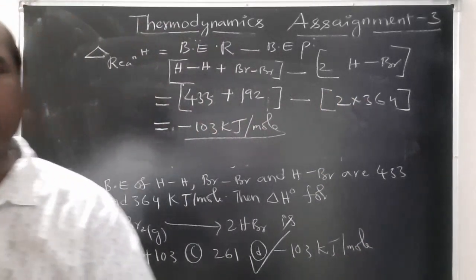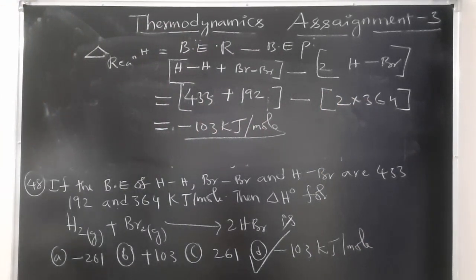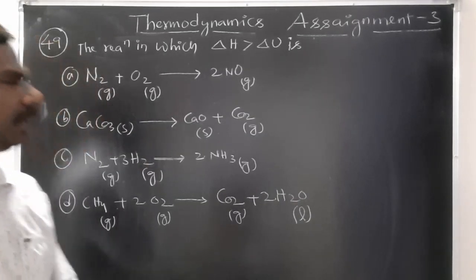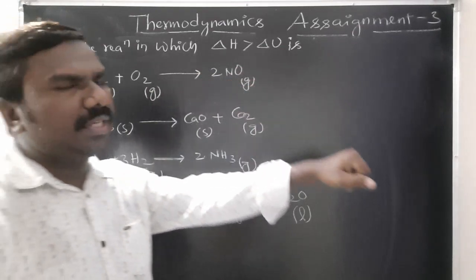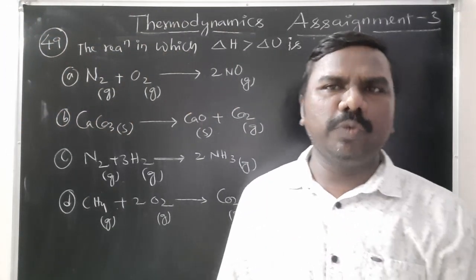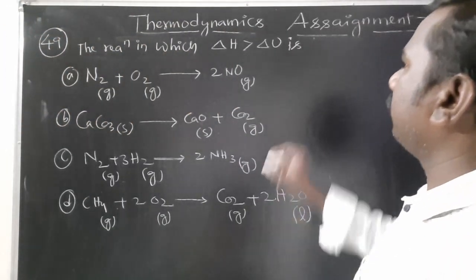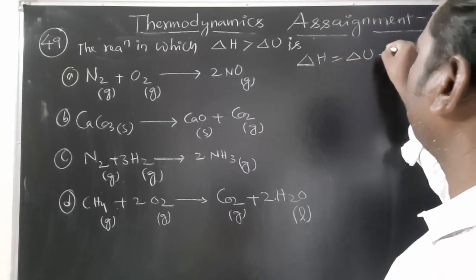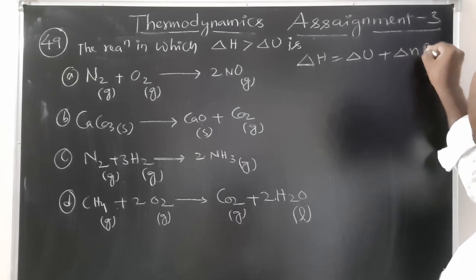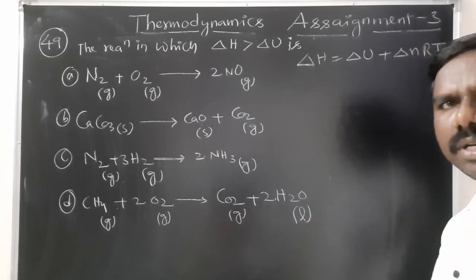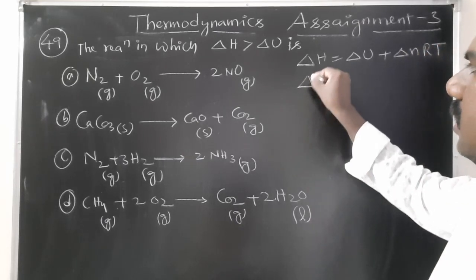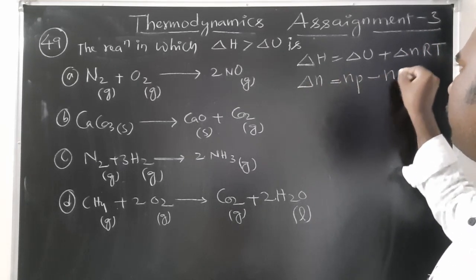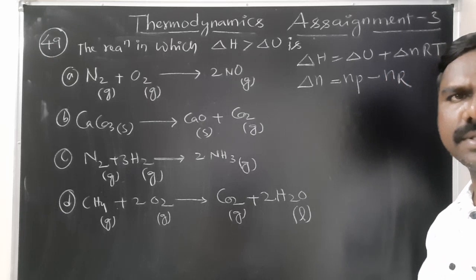Okay, next bit: the reaction in which delta H is greater than delta U. First of all, the relation is delta H is equal to delta U plus delta N RT. Delta N is equal to number of moles of products minus number of moles of reactants.